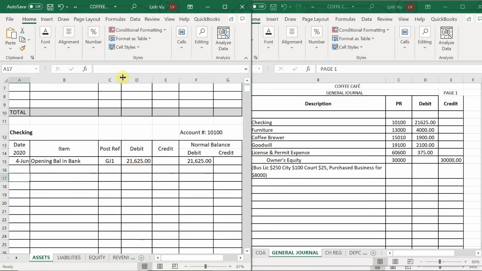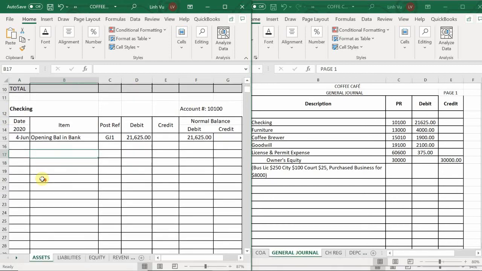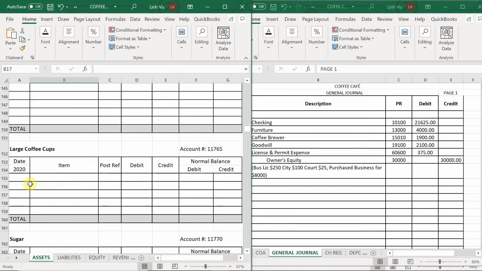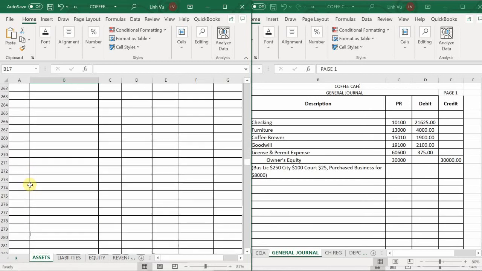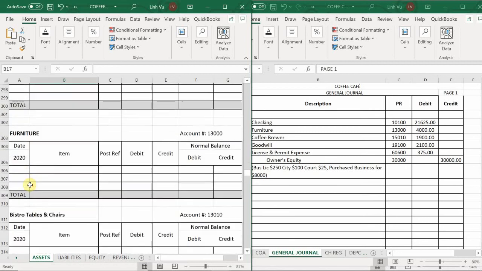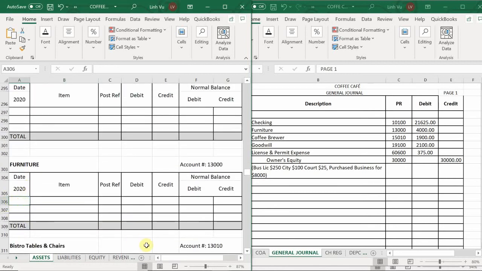So the next account that we have here is furniture. Once again, I feel most comfortable to just scroll down and search for it. Furniture shouldn't be that far down anyway. And here we are, furniture. It is 6/4, right? And what happened here? Well, I acquired furniture, so I'm going to write here that I purchased furniture. Post reference once again, general journal number 1, because that's where the transaction is.